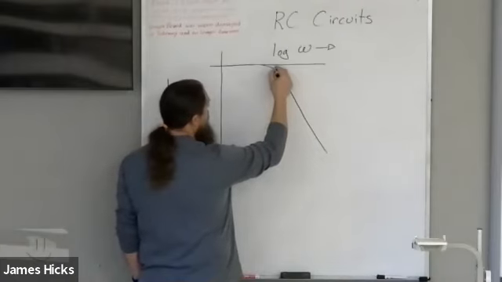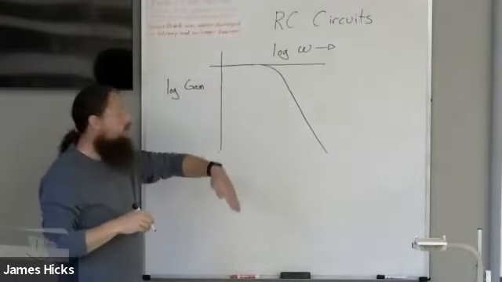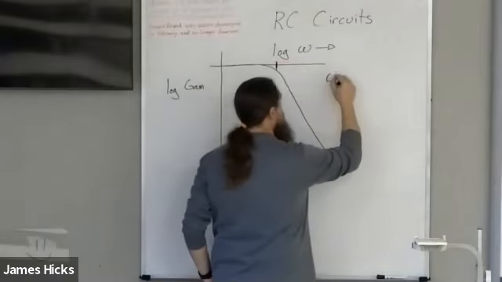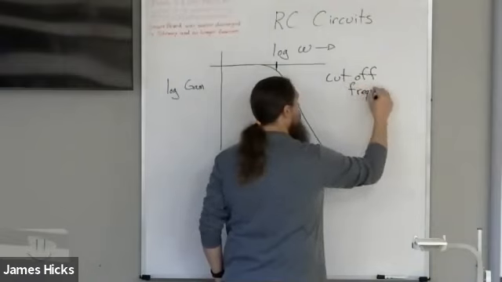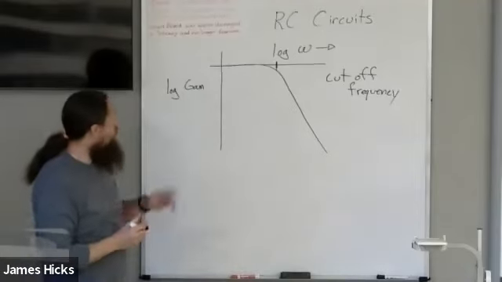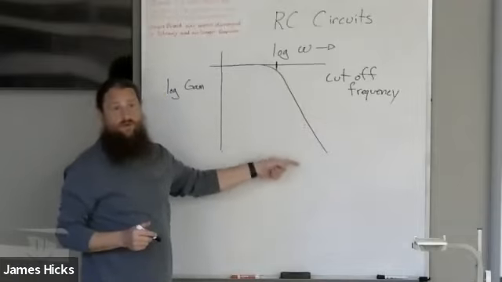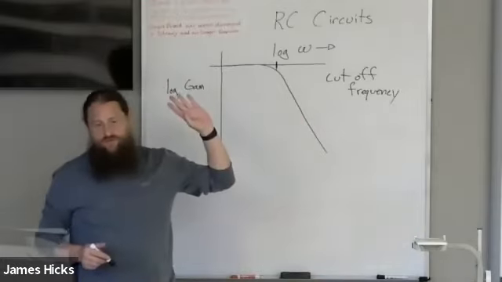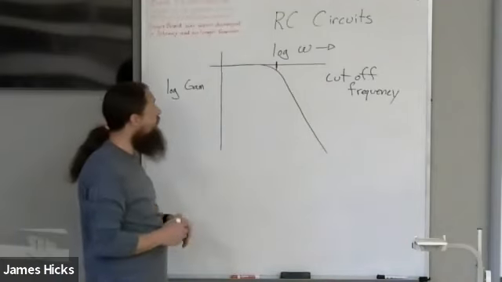This point here, where it starts to roll over, that's a cutoff frequency. So once you get past the cutoff frequency, you start to really attenuate the voltage on the capacitor. So being able to characterize what that cutoff frequency is would be really useful.